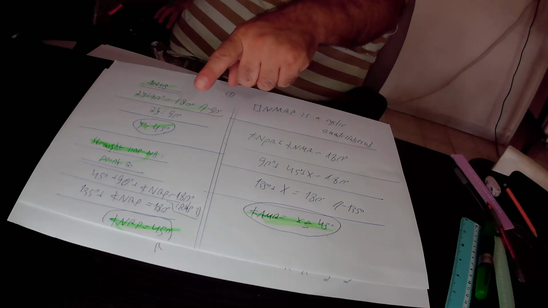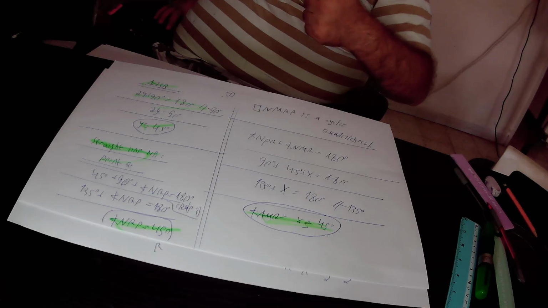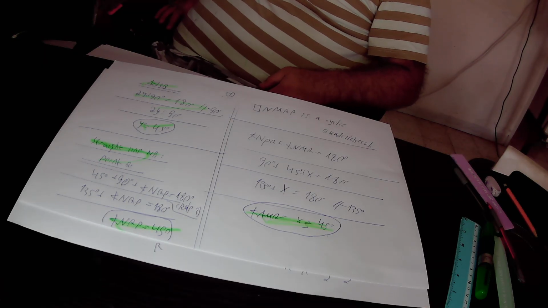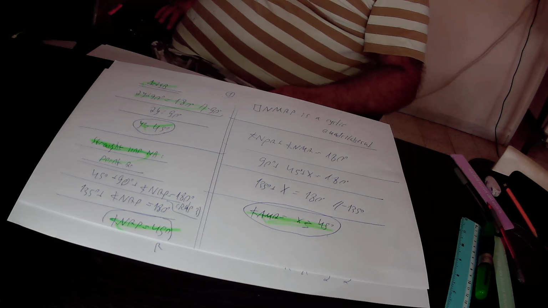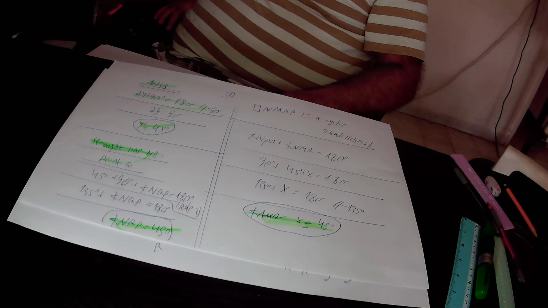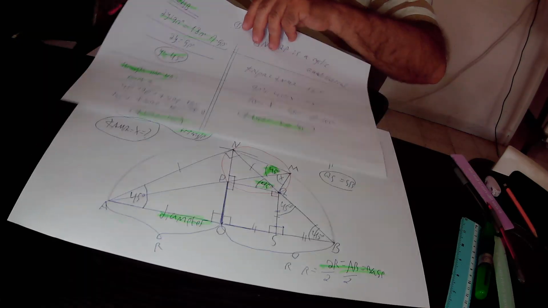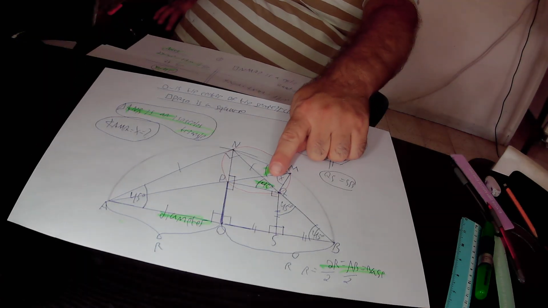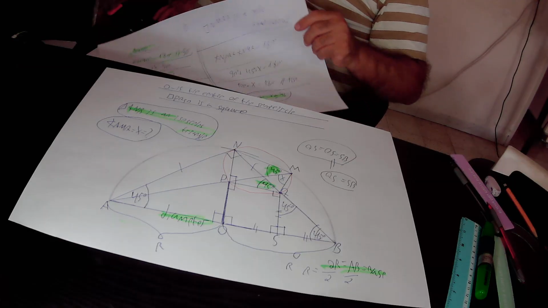So 135 degrees plus the missing angle NQP must be equal to 180 degrees. Here we subtract 135 degrees and find that the missing angle NQP is equal to 180 degrees minus 135 degrees, which is 45 degrees. So the missing angle NQP is equal to 45 degrees in its size.